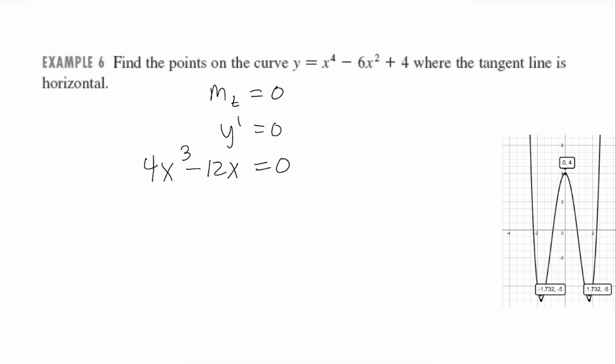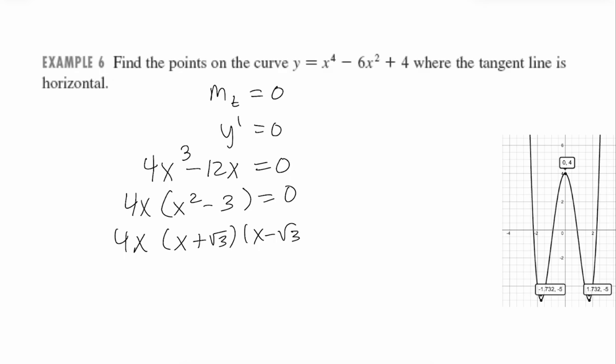Now, to solve that, just factor it. Factor out a 4x to start, because both terms are divisible by 4x, leaving us with x squared minus 3. And so I'm going to show this a few different ways. You can write that as x plus the square root of 3 and x minus the square root of 3.